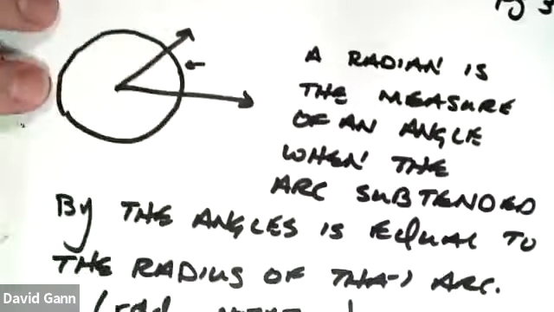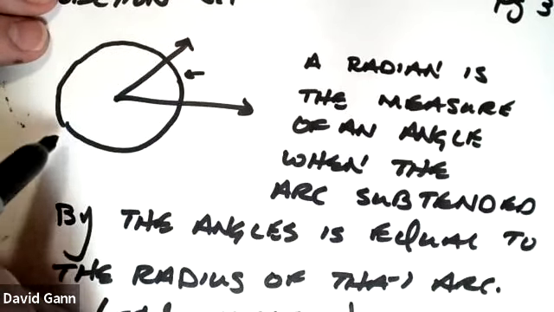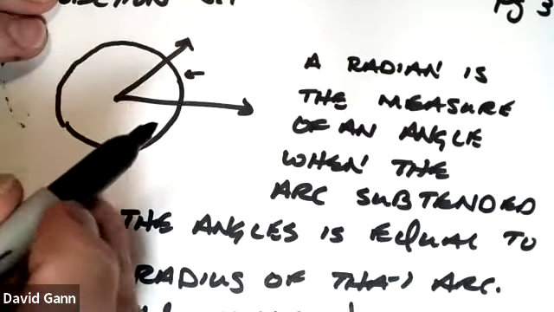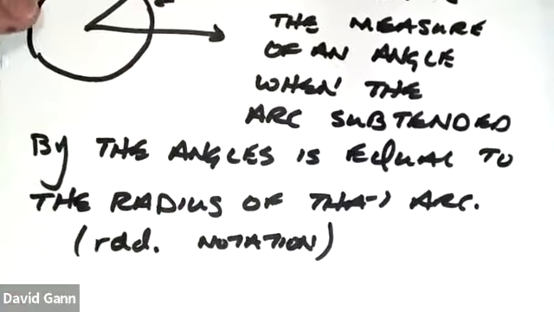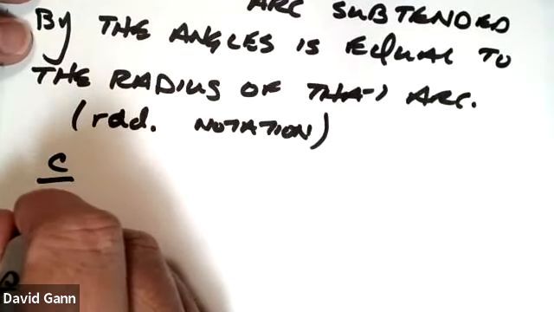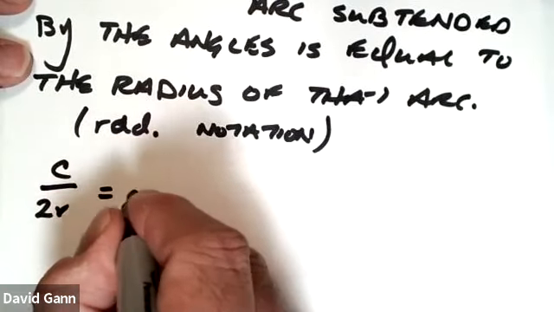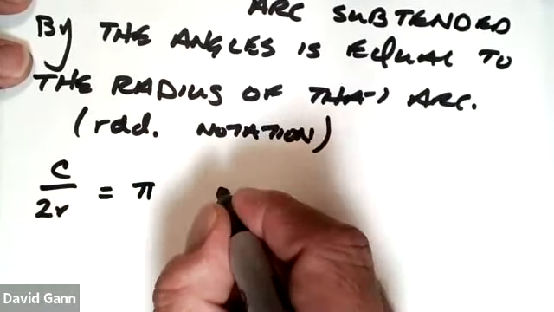Well, note that if you were to measure the entire circumference, recall that the circumference divided by the diameter, 2 times the radius, is equal to pi. So the circumference will be equal to 2 pi times the radius.